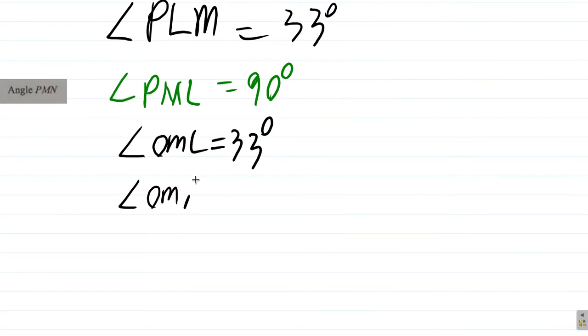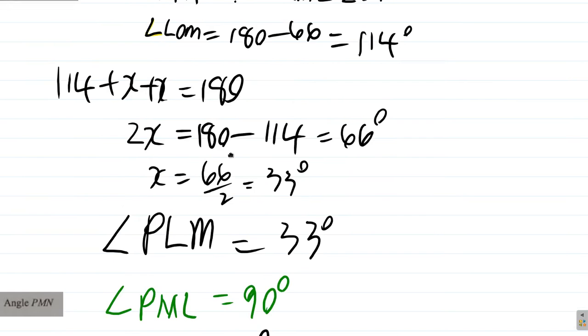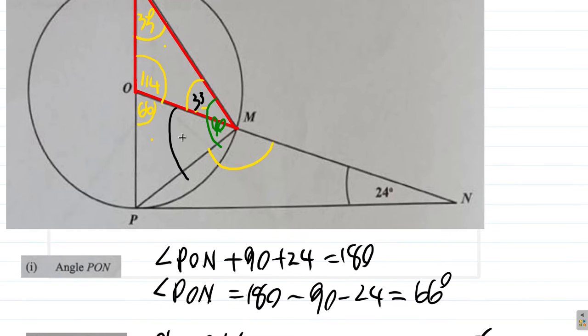Angle OMP equals 90 minus 33 equals, so 90 minus 30 is 60, and you drop 3 from 60 is 57. 57 degrees. Alright? So OMP is 57 degrees. This is 57 degrees. Alright.